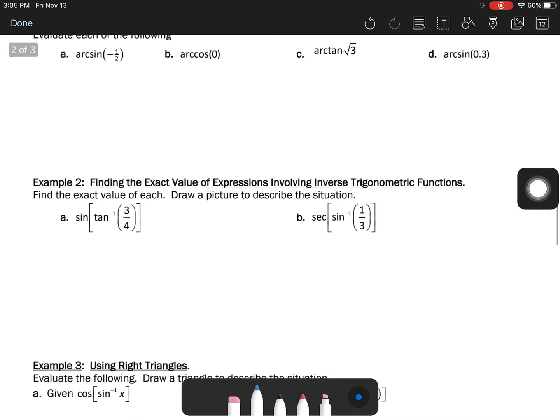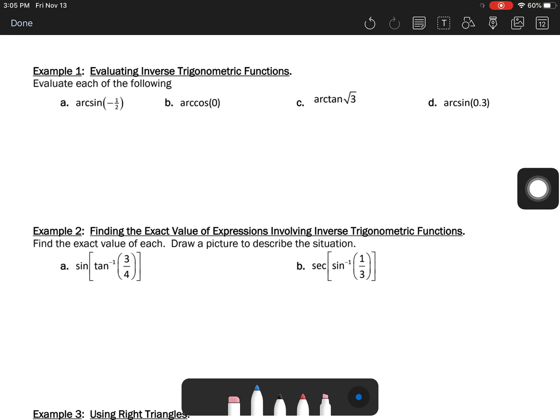Okay, so just a quick review of that, and then just doing a few of these problems where we're going to evaluate some inverse sine, inverse cosine, or arc sine, arc cosine values. I want to draw this out too, just in terms of a right triangle, or thinking of it in terms of trigonometry just a bit.